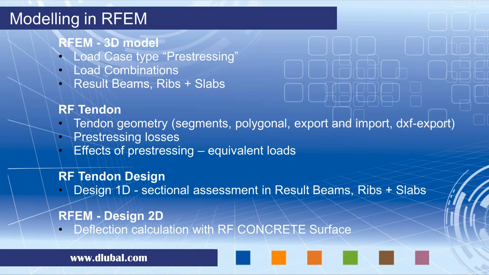Now you have one load case, like for example self-weight, which acts downwards, and of course pre-stressing acts upwards, and you can perform the analysis of the 3D structure with the slabs, and you can also perform 2D design directly in RFEM.